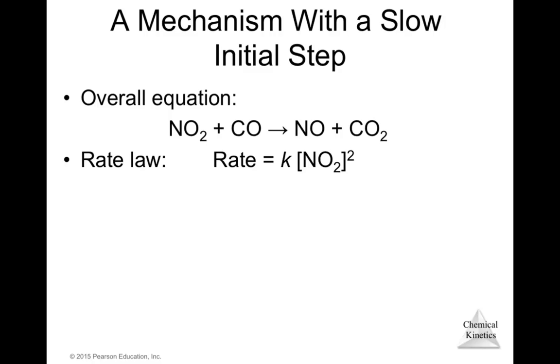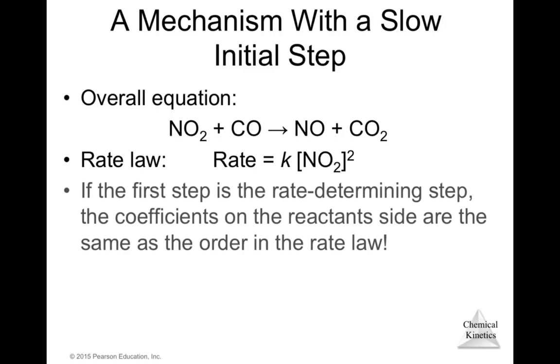Now let's say that in this mechanism, the initial step is the one that is slow. So the first step of this reaction is the slow one. Remember that I mentioned before that the rate determining step will dictate the rate of the reaction.